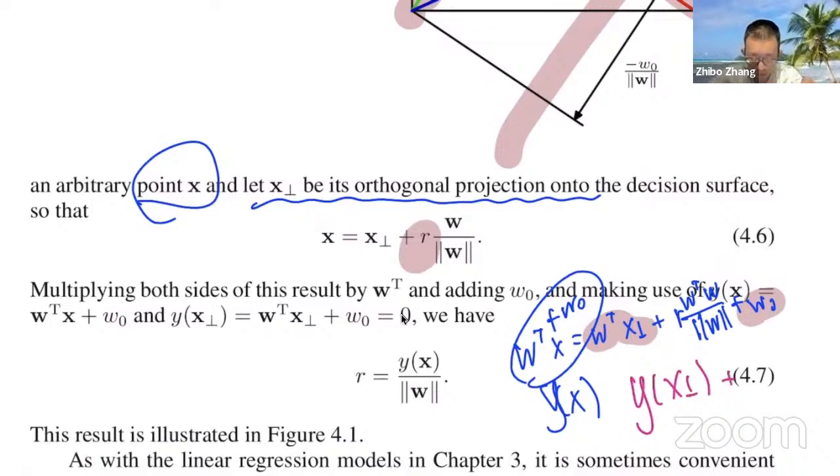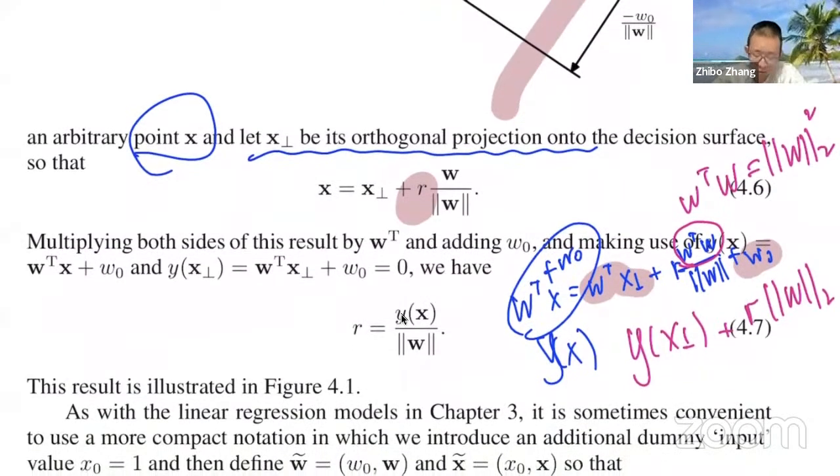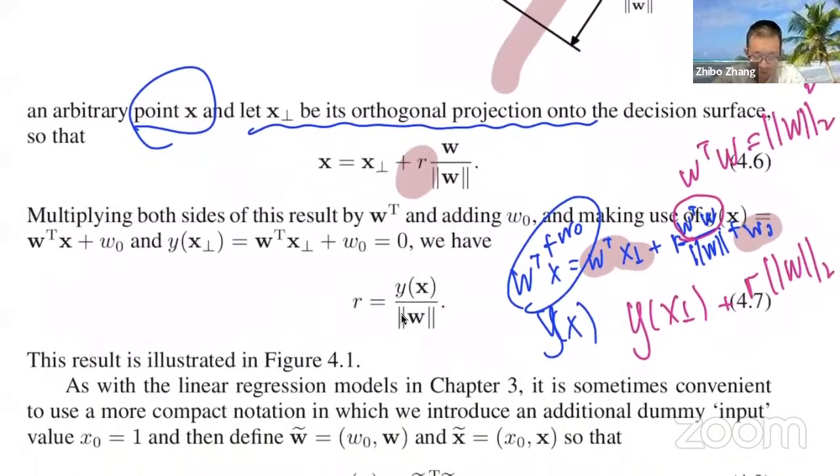W transpose times W is basically the square of the norm, for example the L2 norm. So it's going to be r multiplied by the norm of W. You connected the two, right?